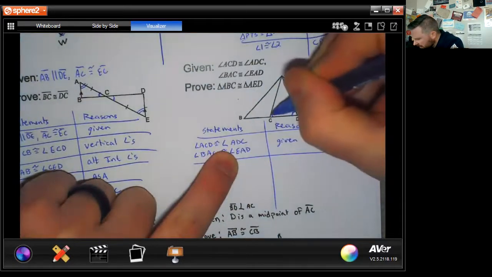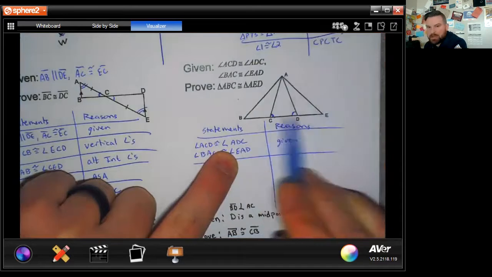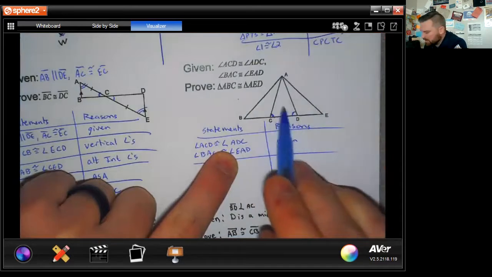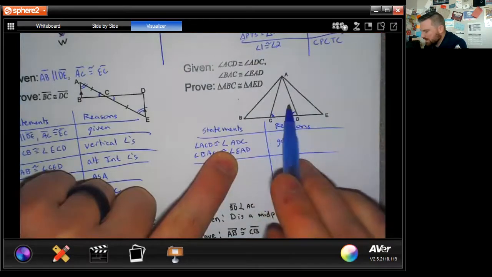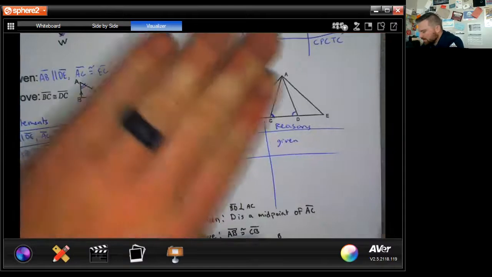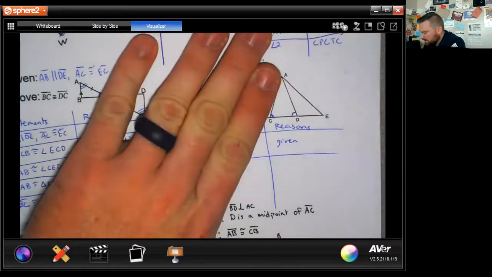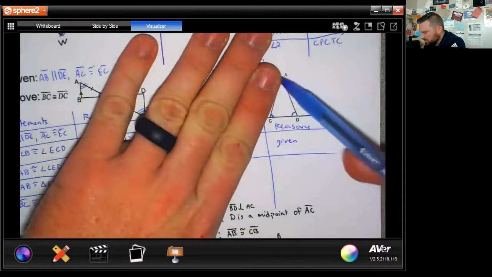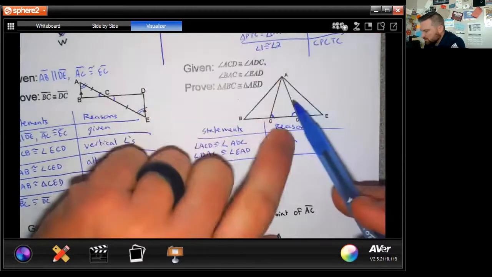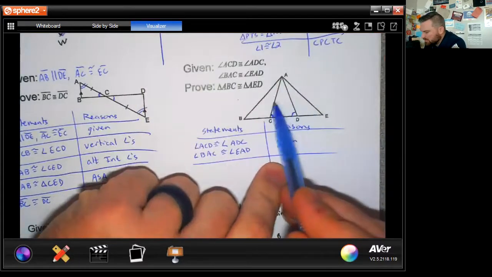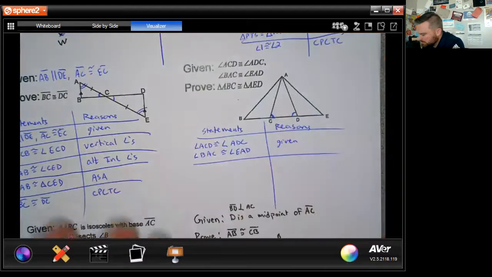Okay, so something I already noticed, I have these two base angles, so the sides opposite automatically have to be the same. Now, I can look at this little triangle, or I can look at this bigger triangle to get those sides. So actually, I can use the base angle theorem to say that these two sides are the same and those two sides.